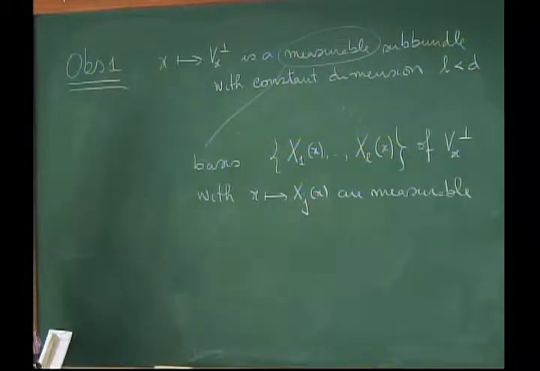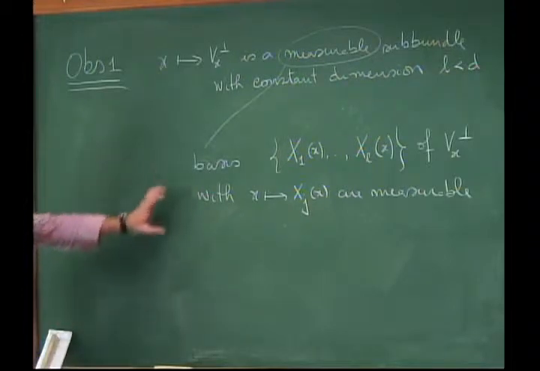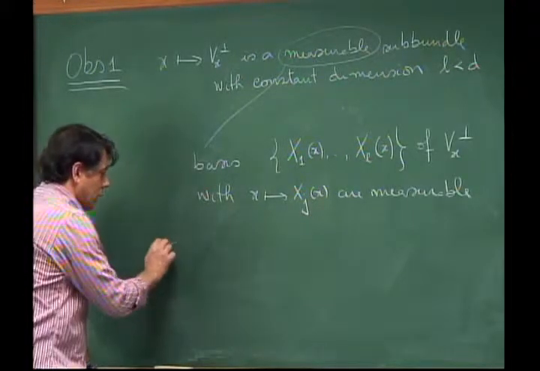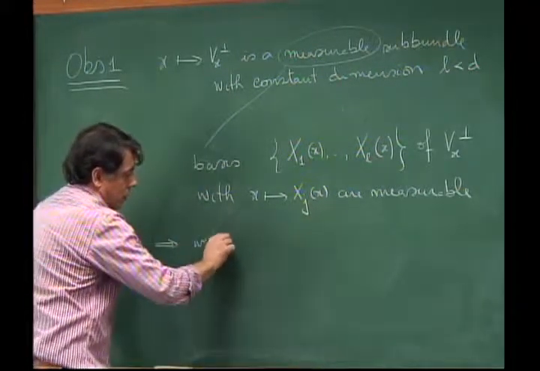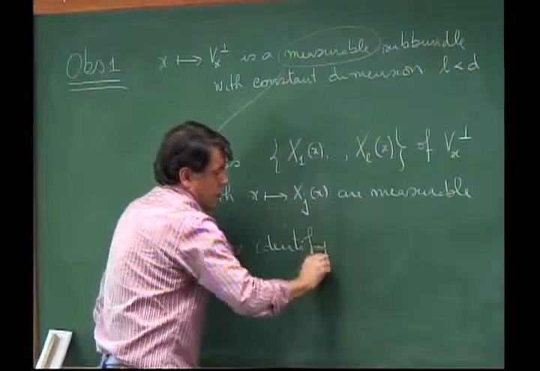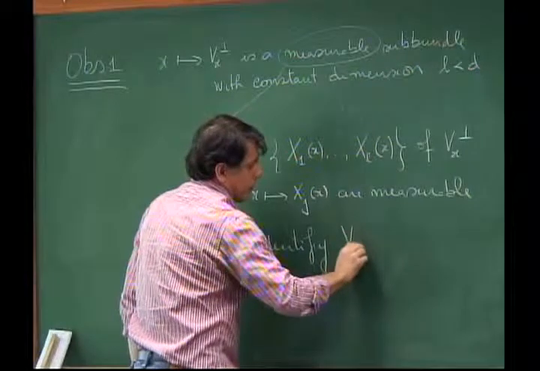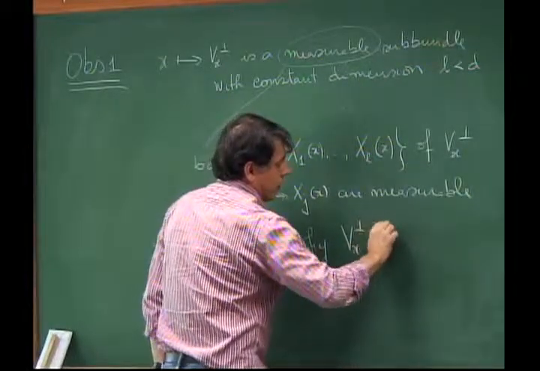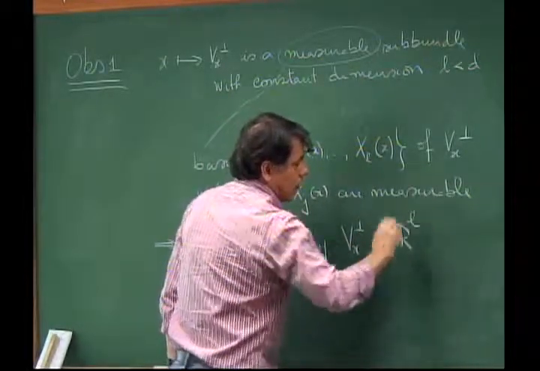Okay? And once we have this, we can identify Vx orthogonal with RL measurably.